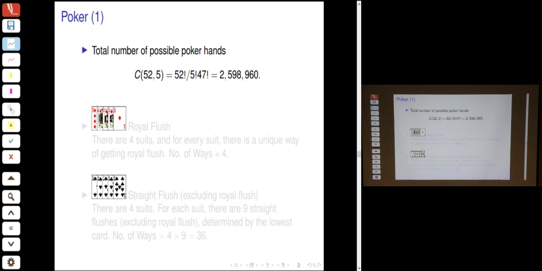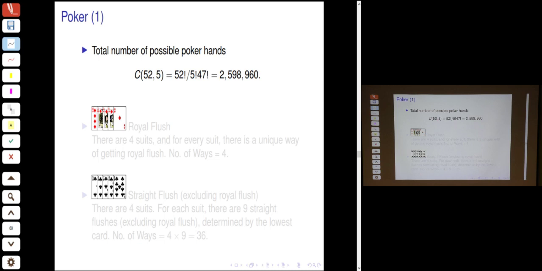This number is irrelevant for the counting we are going to do next. But next week we are going to talk about probability, so this number is useful. This number is the total possibility. So the total number of possible poker hands is 52 choose 5. It's some funny number.